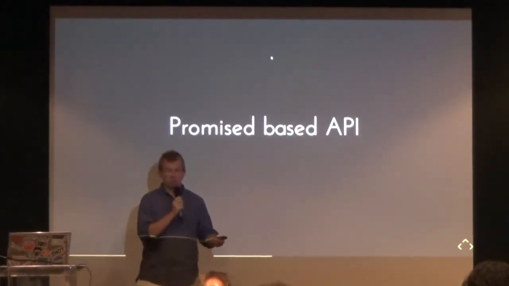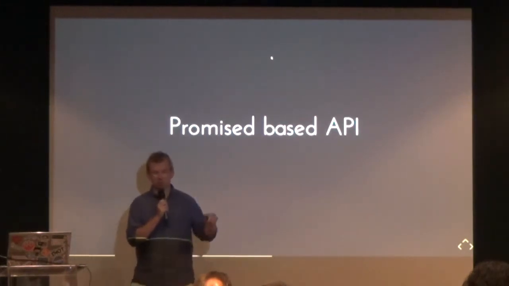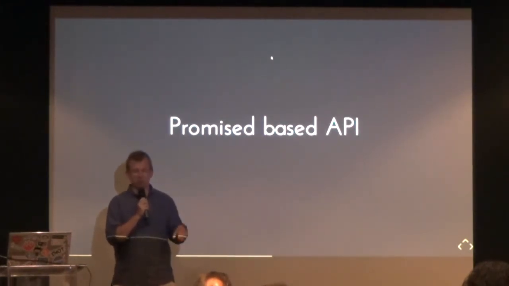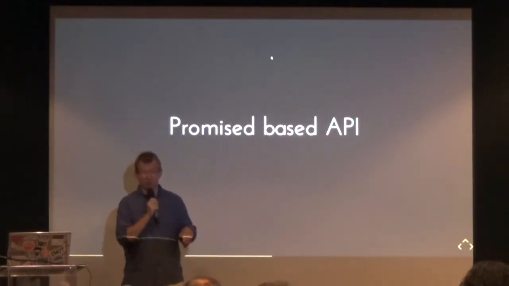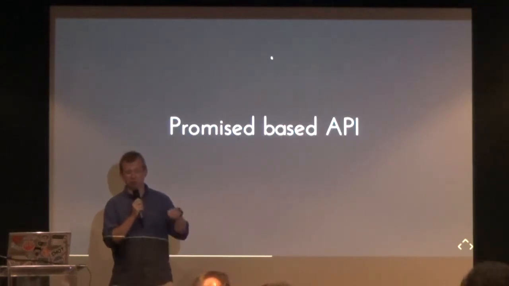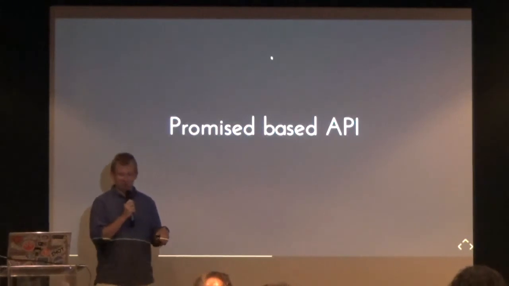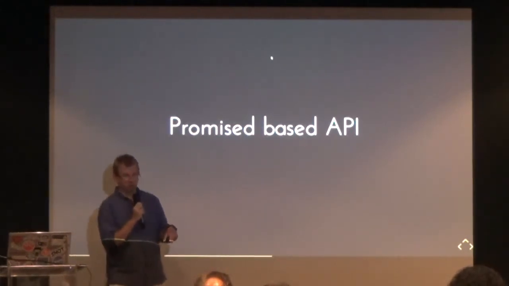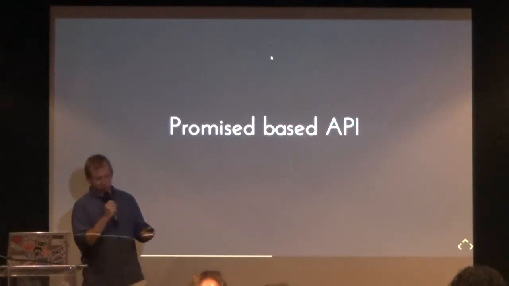Fable supports computation expressions. Computation expressions are those magic blocks of F# code that can have overridden behavior that happens on the let. So you have this let bang thing. You probably know that from async, maybe from seq, which are built into F#, but you can also create your own computation expressions.